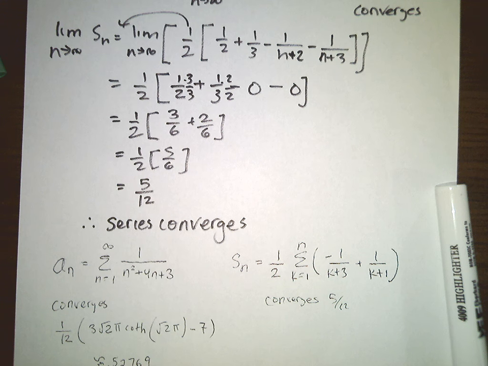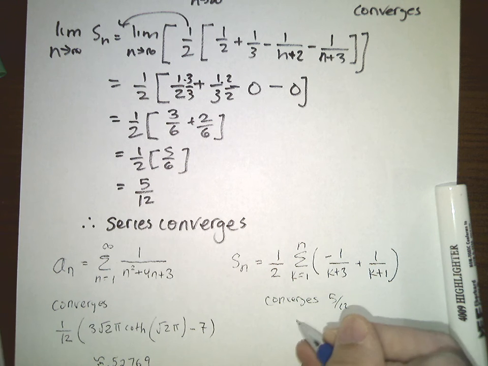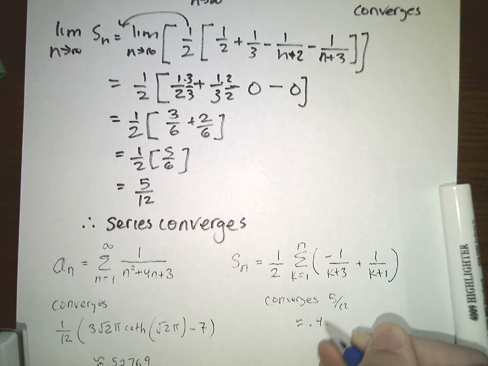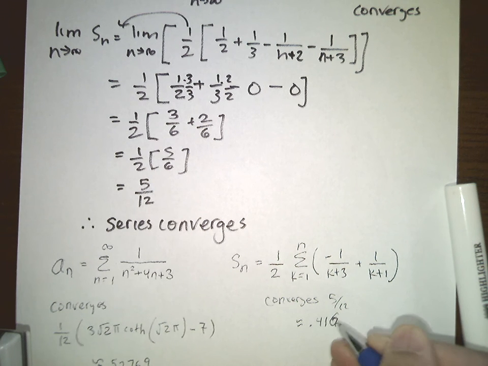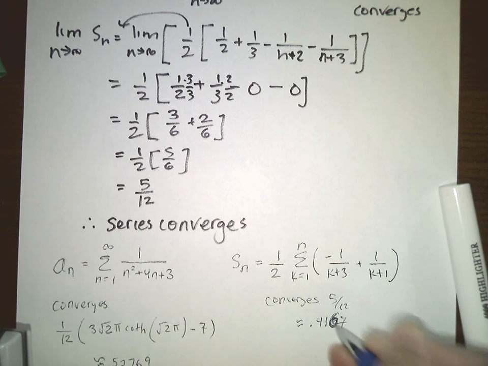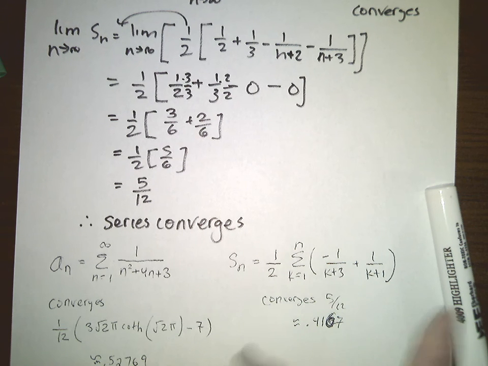Because it would be almost impossible to do this. But the partial sum here, 5/12, is only about 0.4167. So do you see that's not even really close to if we added all the values up to infinity?